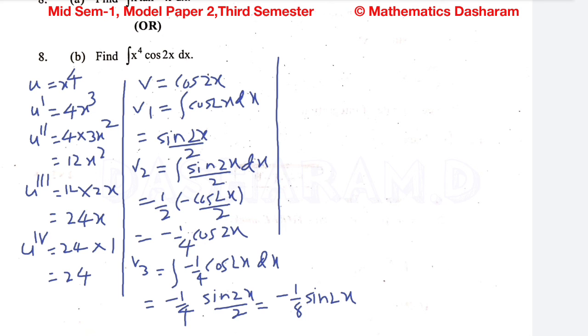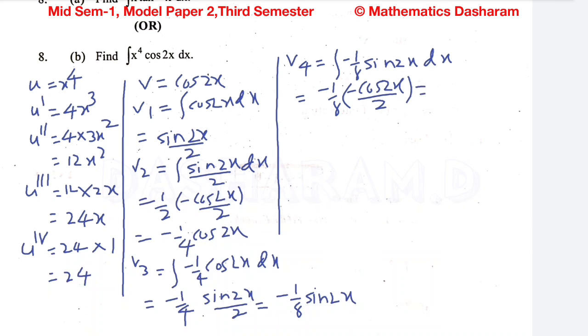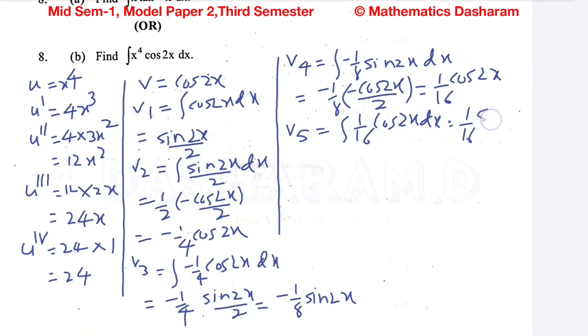Next, v4 is integration of minus 1 by 8 sin 2x dx. So minus 1 by 8 into integration of sin 2x, which is minus cos 2x divided by 2. So it is equal to plus 1 by 16 cos 2x. Next, v5 is integration of 1 by 16 cos 2x dx, equal to 1 by 16 integration of cos 2x, which is sin 2x divided by 2.